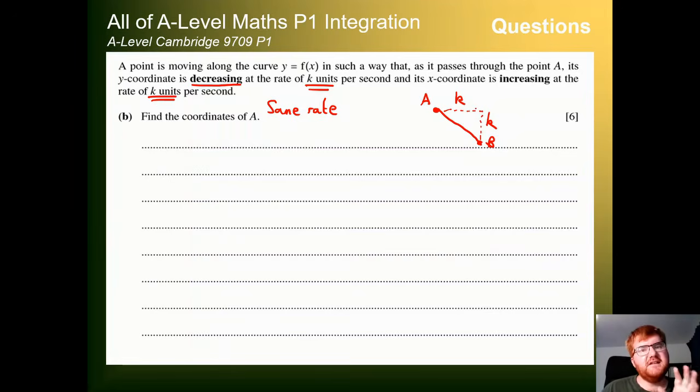And if I express it in such a way here, what would the gradient of this line be? Which we tend to use this dy by dx notation now. And notice the gradient is just rise over run. So we're going downwards here. So this would be minus 1, this would be plus 1. And so we get minus 1 divided by 1, which is equal to minus 1.